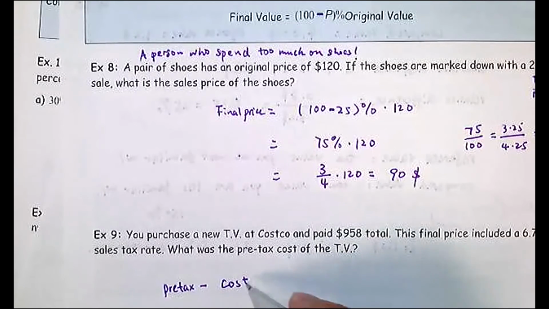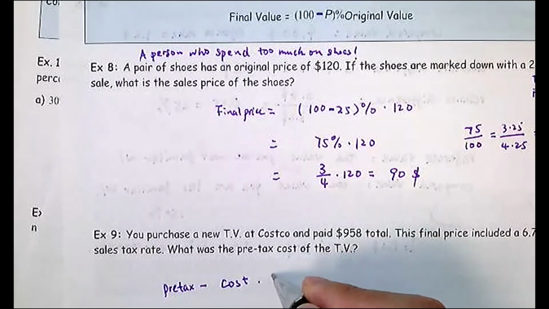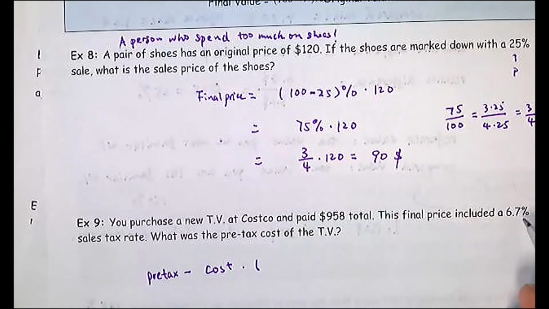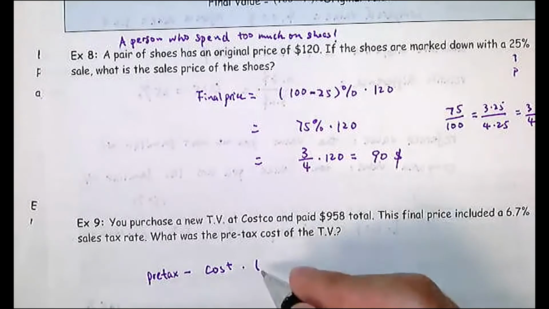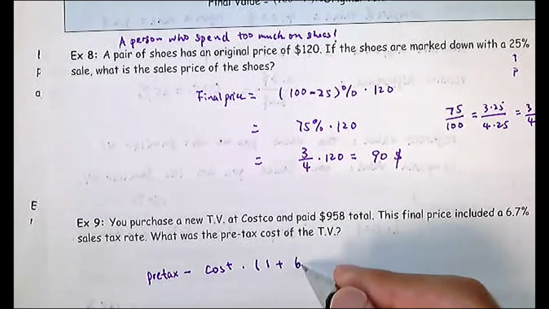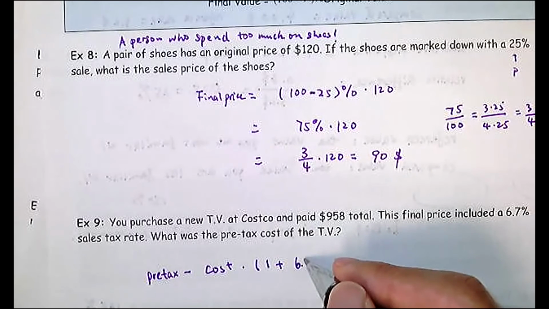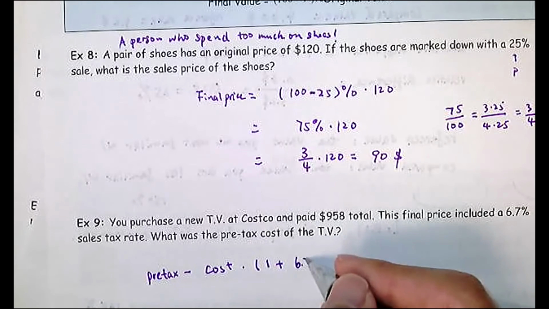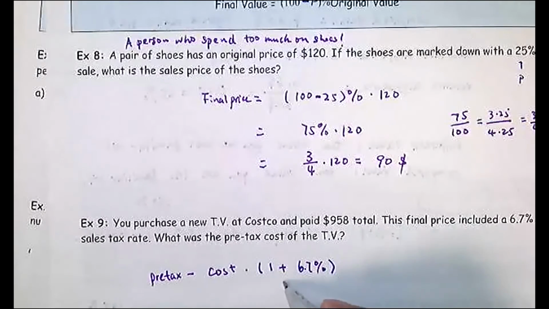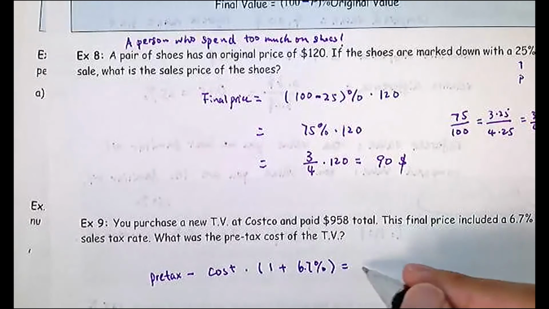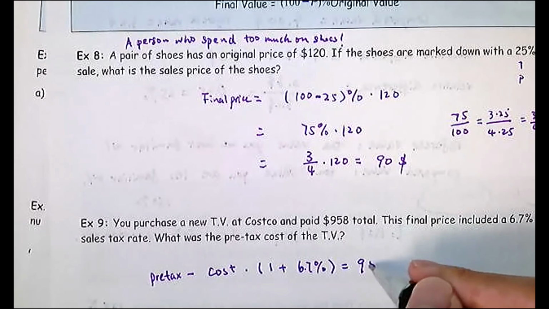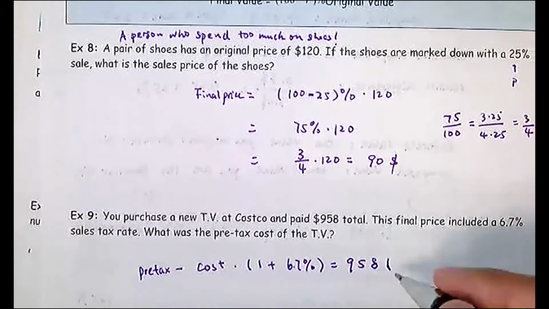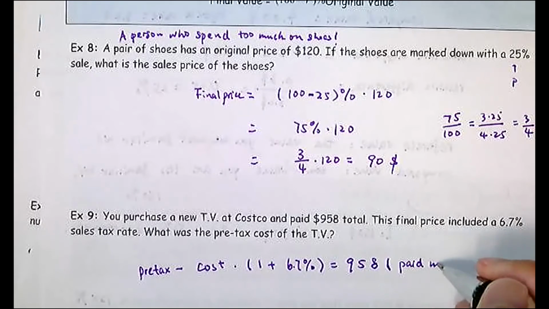Okay, this uses the same word, times. This time you are adding a new sales tax. So 1 plus 6.7, actually, I should write 100, or let's just write 1. Adding this, you are eventually charged $958, which is the paid money.